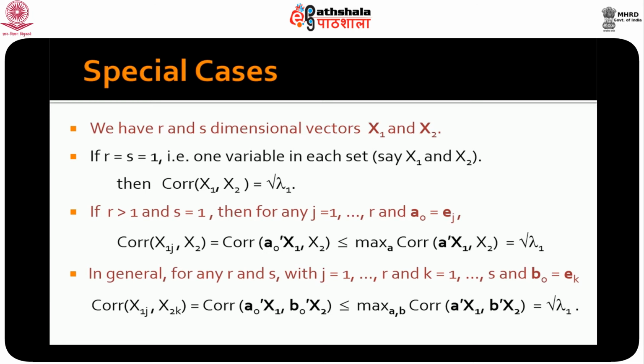So sigma 1 2 has the correlations between the individuals from the first group with the individuals from the second group, and all these elements would be smaller than square root of lambda 1, because the canonical correlation would be the largest of the correlations that you can have between one member from the first group and one member from the second group. This is what this result tells us.